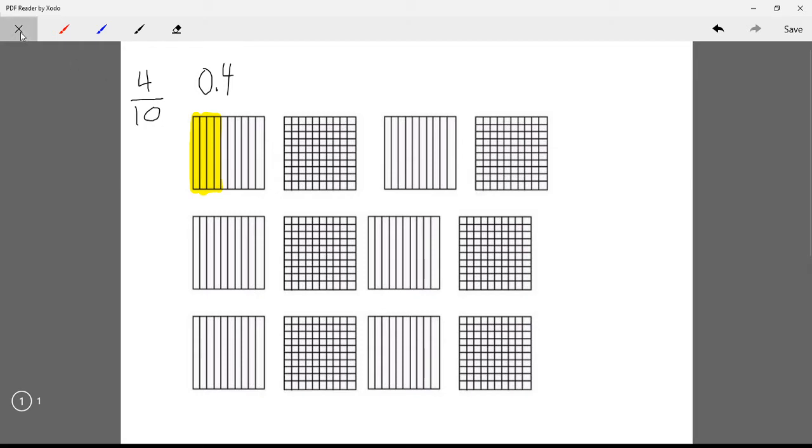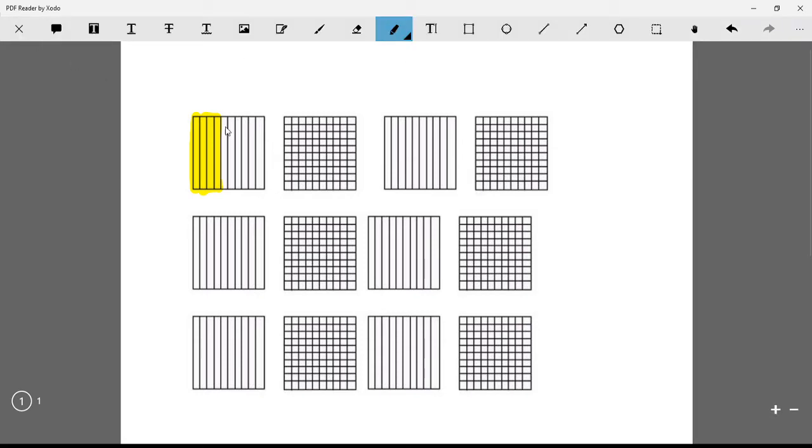Now, another thing that they might do is, ignore that part. Let's just erase that. They might do something like this.